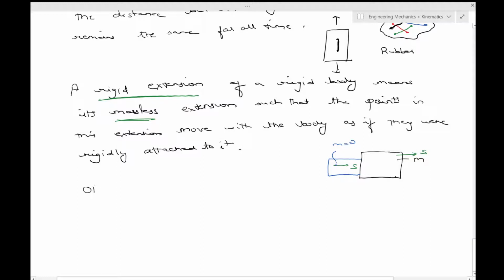So we have some other defined entities. So this is a position vector r, displacement.